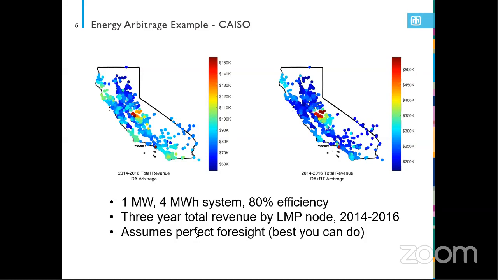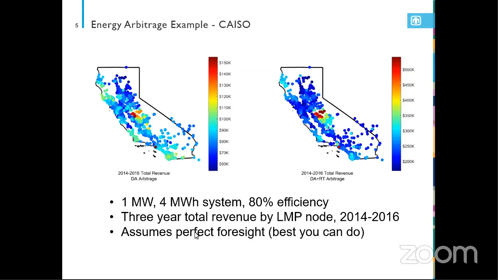But when you start to arbitrage the day ahead in real-time markets, it gets complicated from a forecasting perspective. Let's say you want to buy in the day ahead market and then sell in the real-time market. You have to predict the price a day in advance for the real-time market fairly accurately in order for that scheme to work. We've looked at some relatively simple trading algorithms that maybe use the day ahead market price as a proxy for the forecast of the real-time market price the next day.